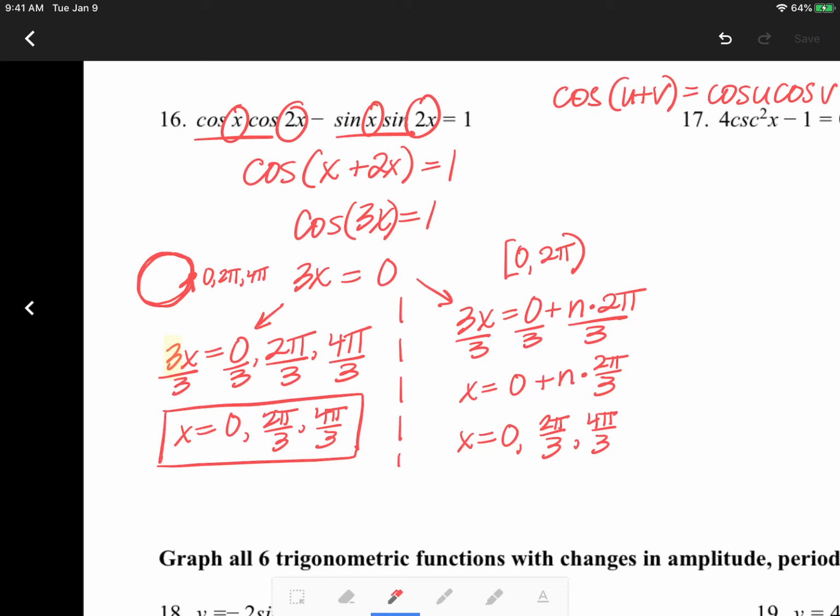Then we would have plus another 2 pi over 3. That would bring us to 6 pi over 3, which is 2 pi, and so now that's outside of the domain. We want our domain to stop at 2 pi, but not include 2 pi. So that means we reached our limit right there with 4 pi over 3. That was the last one, and we can stop there.